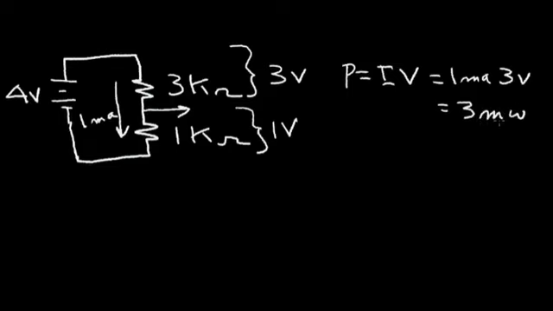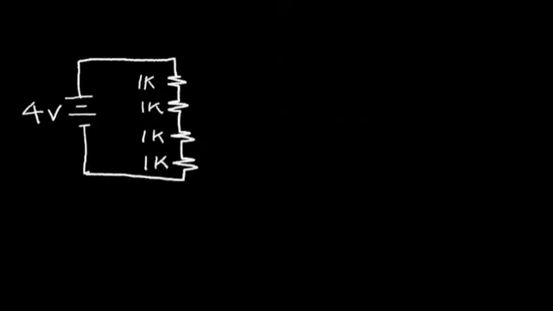Now a milliwatt is a thousandth of a watt. If I want to calculate the power dropped across a 1K resistor, that is equal to 1 milliamp times 1 volt equals 1 milliwatt.